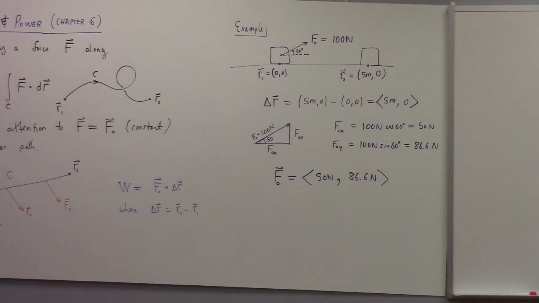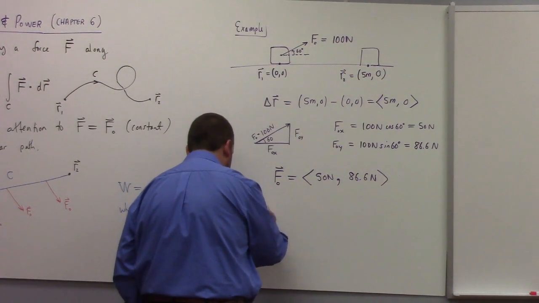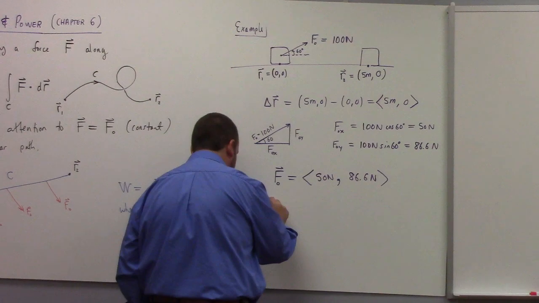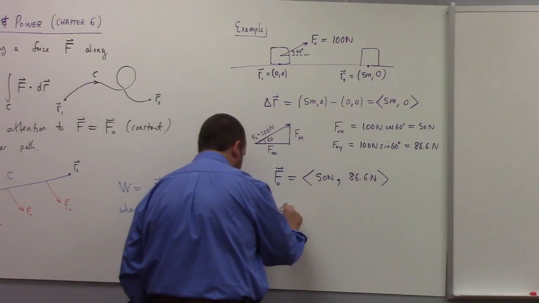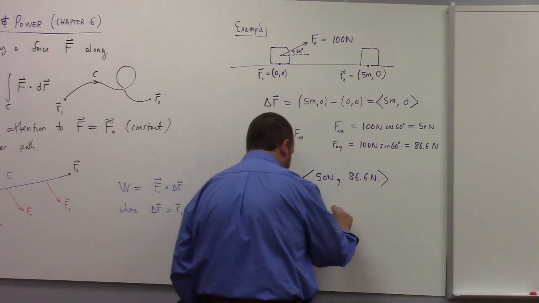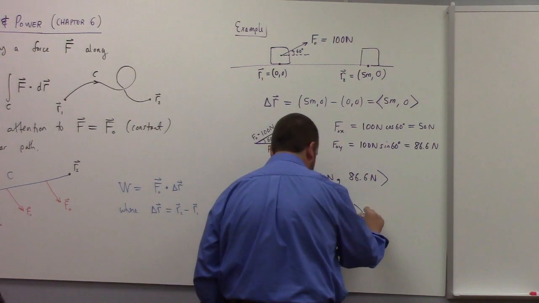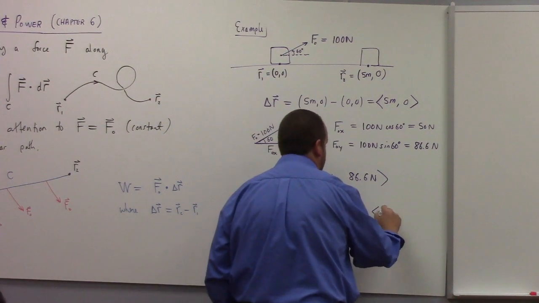We take the dot product of these two things to calculate the work done. So what is the work done? How do we calculate dot products?